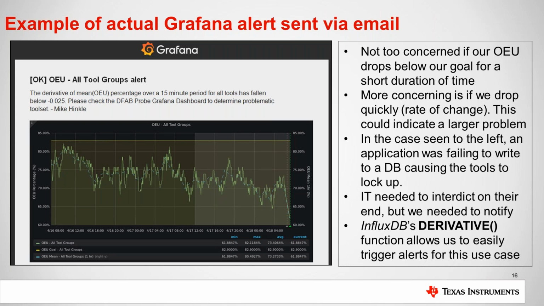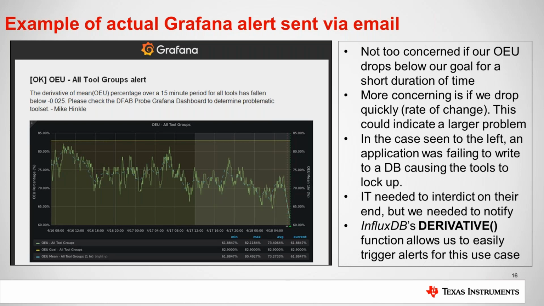This is representative of our whole test floor, so obviously there's probably something systemic happening. So I actually used Influx's derivative for its rate of change. My main interest was, I don't care if you're dropping for a momentary point in time. I want to know if you're dropping quickly across everything over a short duration of time.